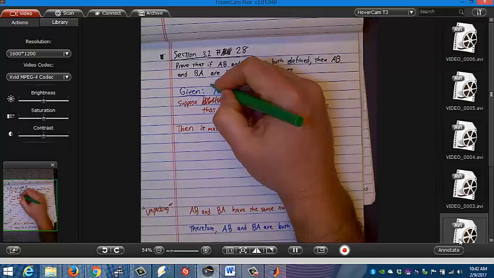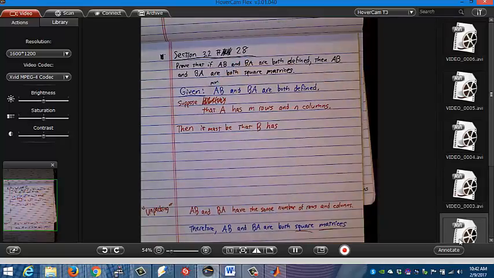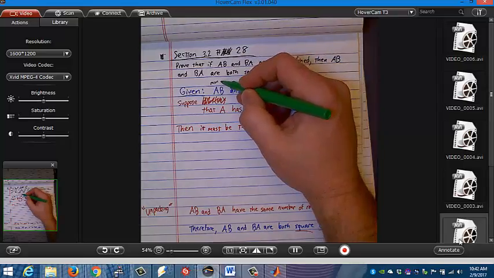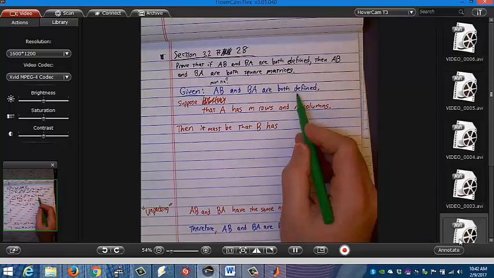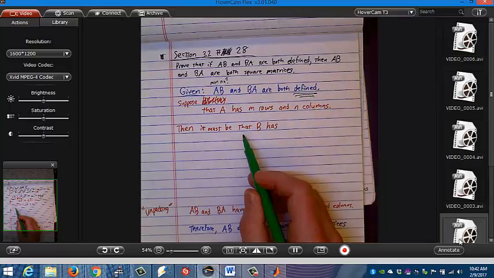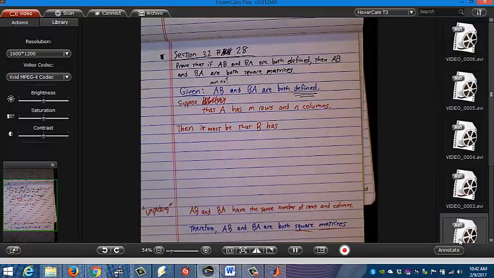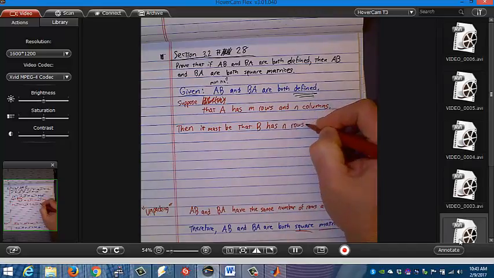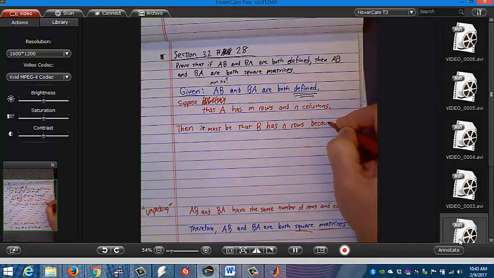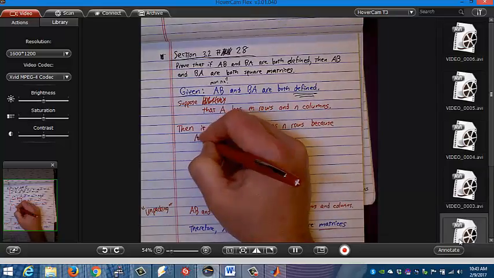We're saying that this one here is M by N, right? So what do we know about matrix B? Well, it has to be N times something, right? Because for this to be defined, it must be that B has N what? N rows. Because AB is defined.